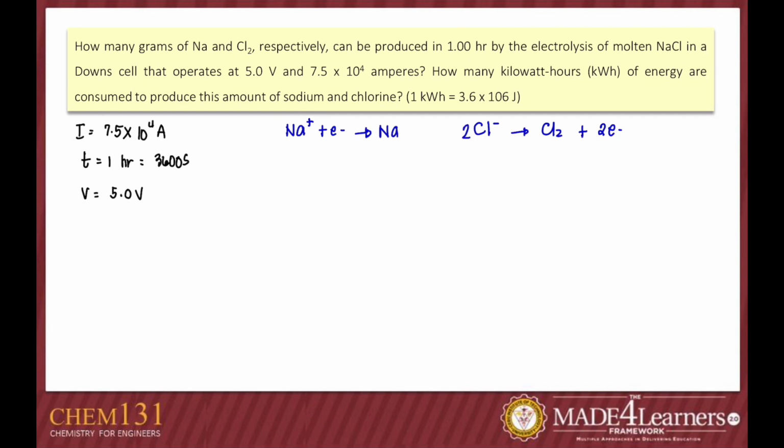So first, we find Q. So solve Q. So Q here is equals I times time.